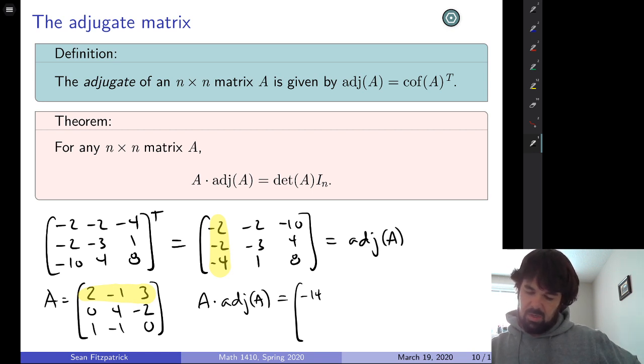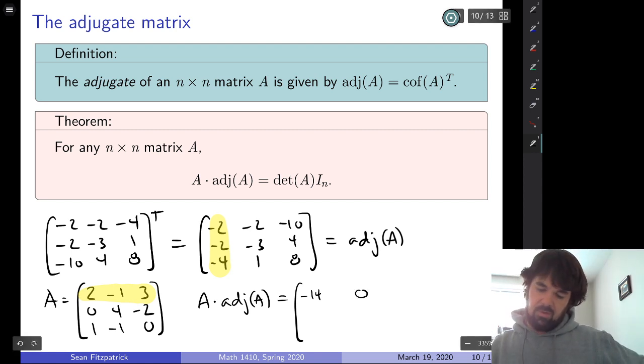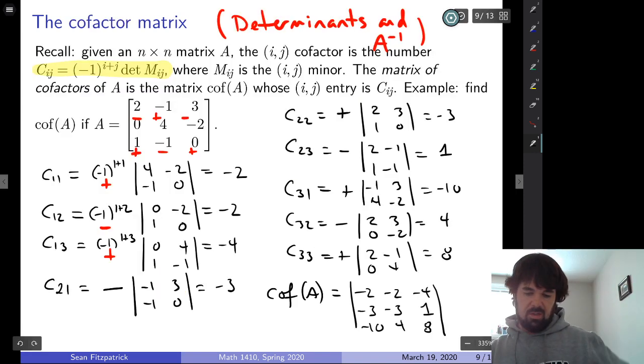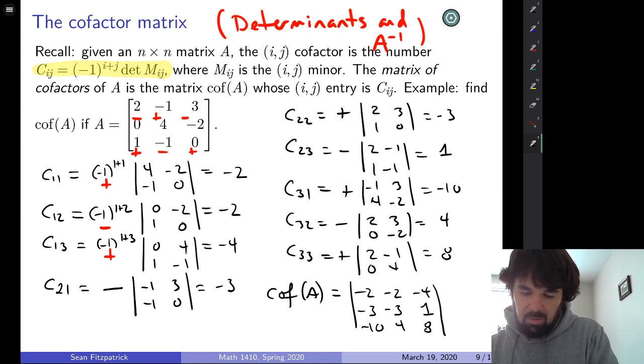Minus 20. It works here. So something in that middle is incorrect. Let me go back and see if I can find my mistake. So the middle rows I did something wrong. Minus 1, 3, minus 1, 0. 0, 3, minus 3. 2, 3, 1, 0.